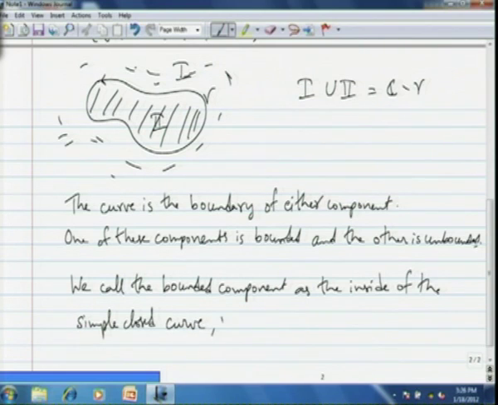Let us name the curve gamma, and denote the inside by I of gamma. So, I of gamma is a region in the complex plane, an open connected set which is the bounded component corresponding to the simple closed curve gamma.